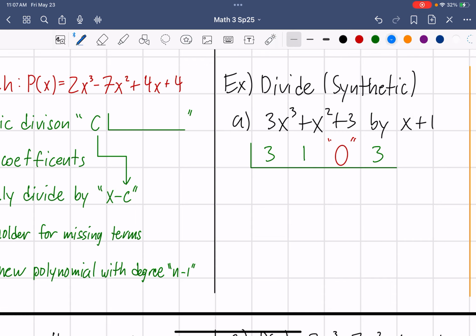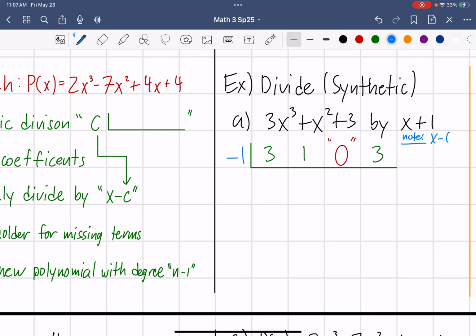So if we rewrite it in this x minus c form, this would say x minus negative 1. So the number we're actually using to divide by is negative 1. Just something to note: if it was x minus 1, then it would be a positive 1 here. The negative comes from the property of synthetic division.